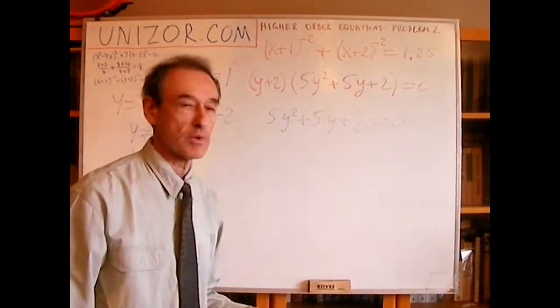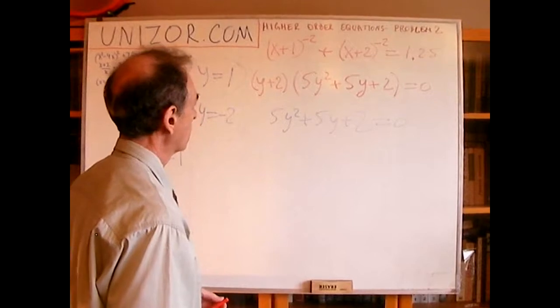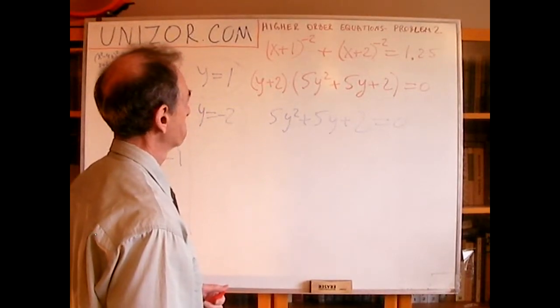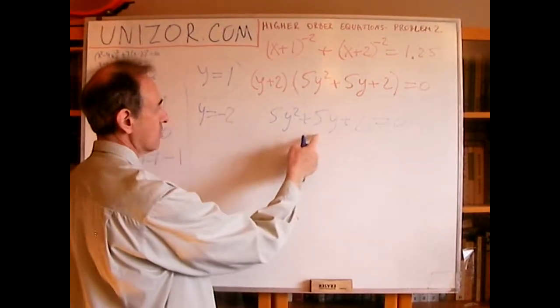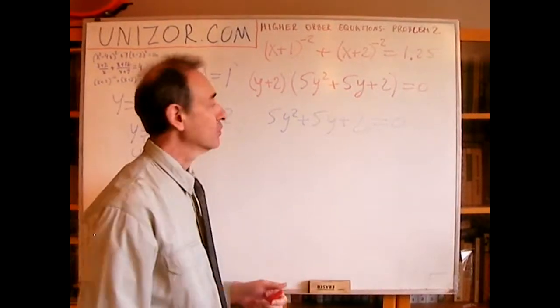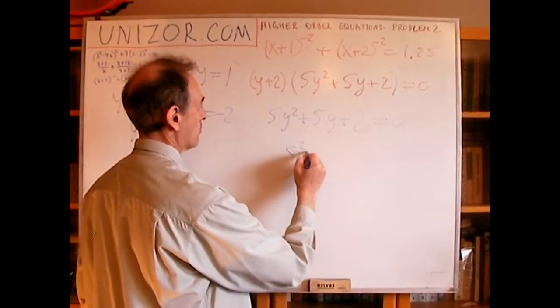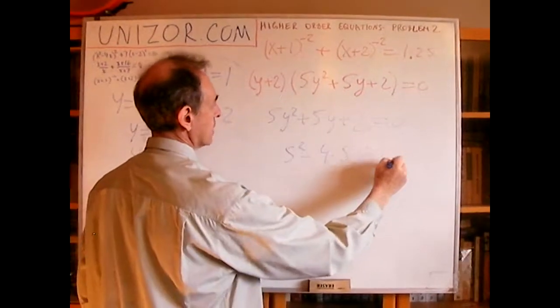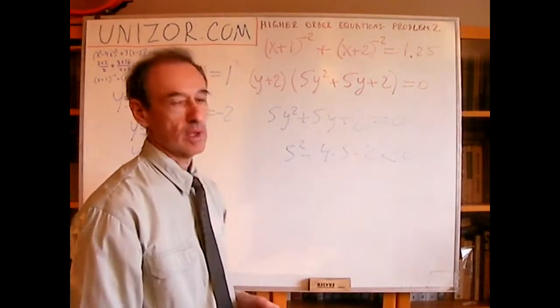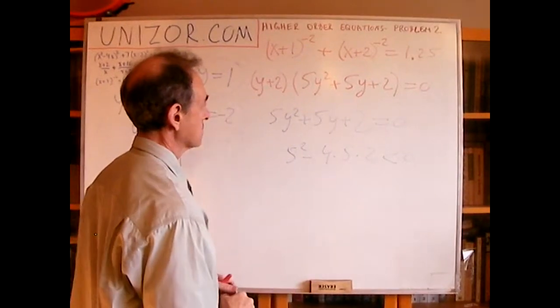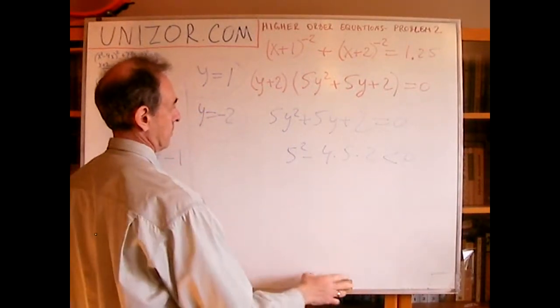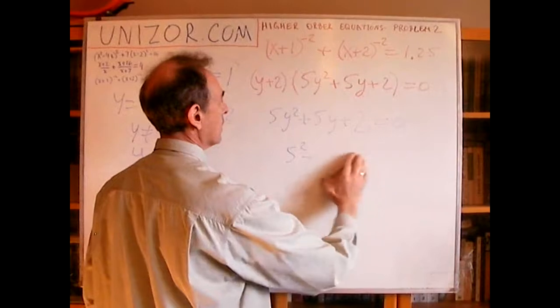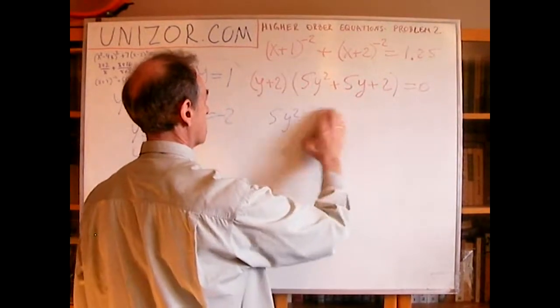This is just the formula, which we all remember. However, it does not really have any real solution because 5 squared minus 4 times 5 times 2 is less than 0, so we don't have any solutions in this case. So, this is the end of it.